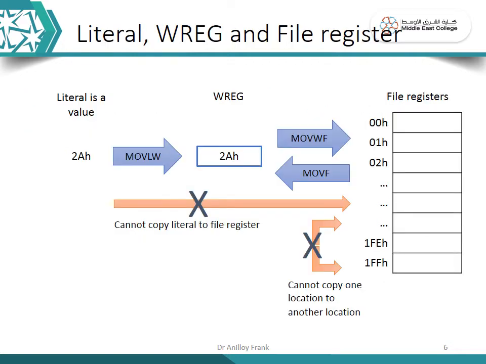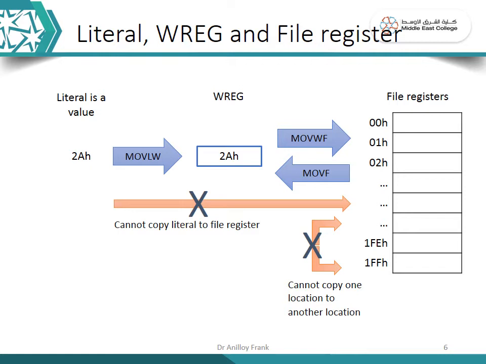The PIC microcontroller contains memory locations which are called the file registers, and it has one register called the working register or the accumulator. Any value that is to be stored in the memory has to be first moved to the W register using the instruction MOVLW.